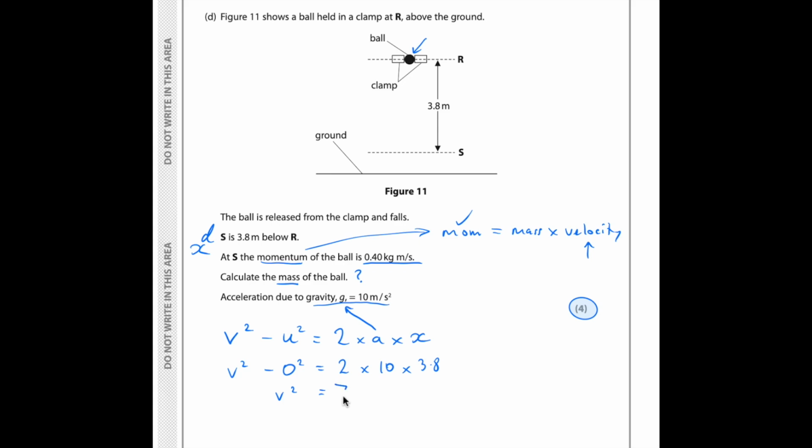So v squared is going to be 76, so therefore v is going to be the square root of 76, which is 8.71779. Right, I'm just going to put that into the memory on the calculator.